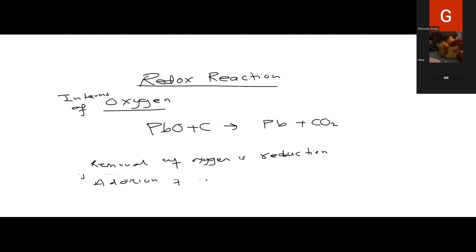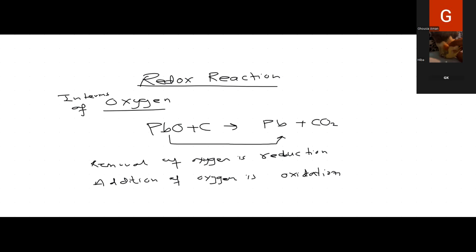So how can we see this in this chemical reaction? Before the reaction, it was lead oxide, and after the reaction, it has become lead. It means oxygen is removed, so this is reduction.